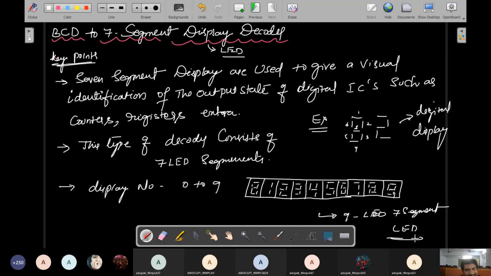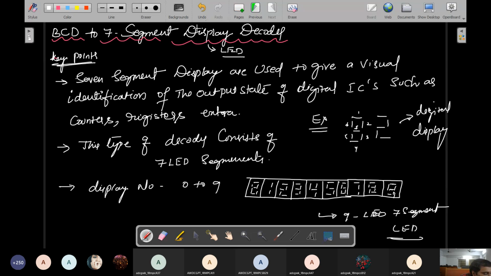In calculators also you have 9 display segments, and each display consists of 7 LED segments. This is the advanced stage of LCDs, because 7-segment displays are what is mostly used nowadays. These are all 7-segment types only.